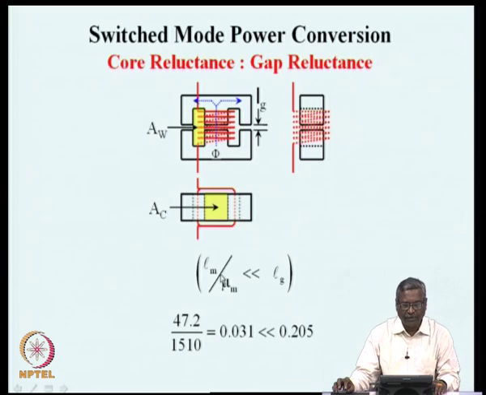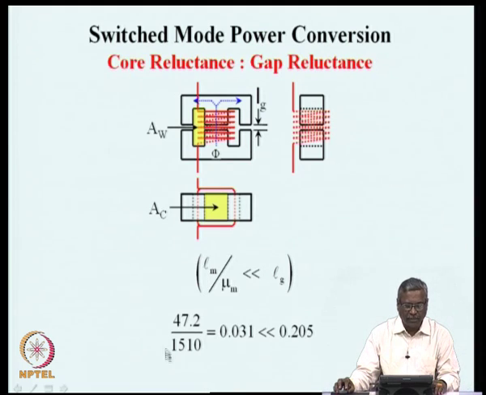Now, these two can be ensured by looking at certain inequalities. For example, we had said in the reluctance term, the first term Lm by mu must be very much less than Lg. In the core that we have selected, the magnetic length is 47 mm, and mu is 1510. So, this ratio is 0.031, and in comparison with the gap length, this is much smaller, about 1/8, and so we might say that the design is satisfactory.